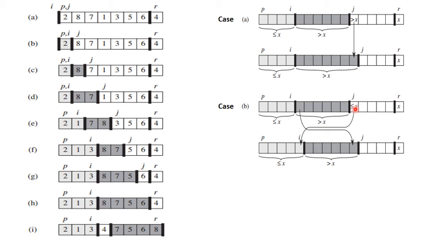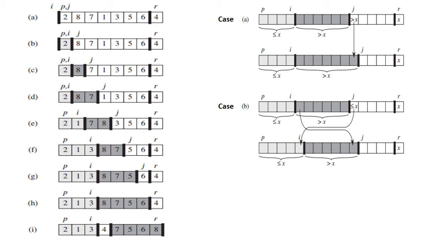But if the element at index J is less than or equal to the pivot element X, which is the second case, in this case the element at index J should be in the first partition. So what we do here is we first create space in the first partition by incrementing I. We have incremented I one position right, and then swap A[I] and A[J].